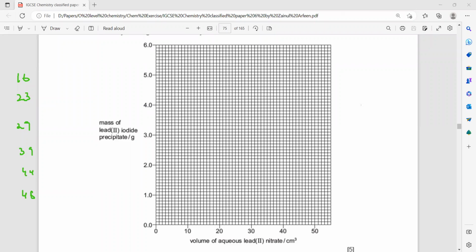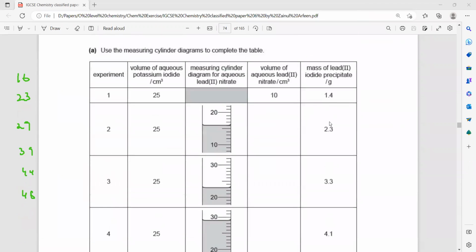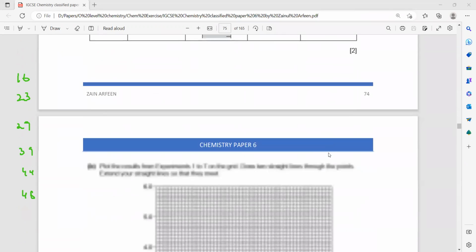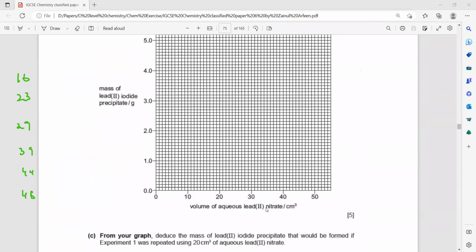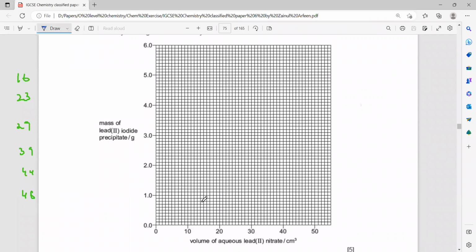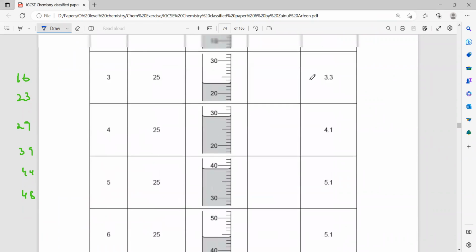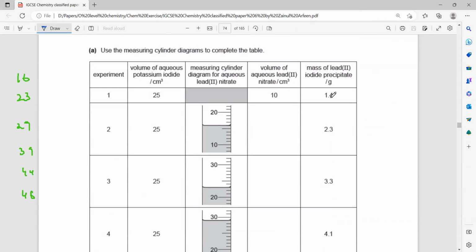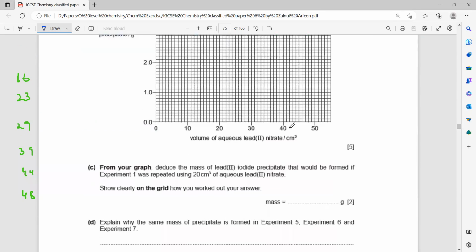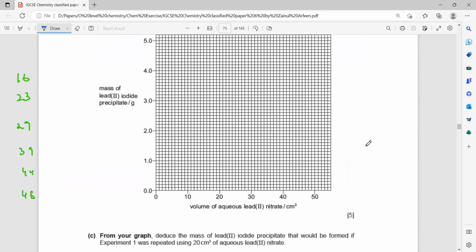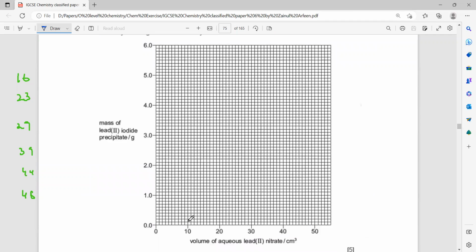We have to plot a graph of the mass of the precipitate against the volume of aqueous lead(II) nitrate which was added. The first one is 1.4 at 10, so volume of lead(II) nitrate 10 and mass 1.4.